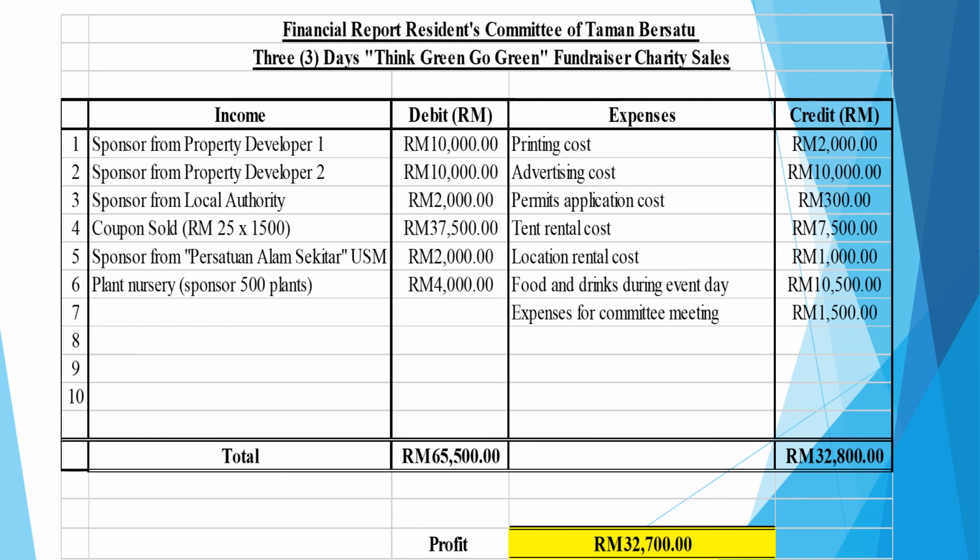And of course, we have expenses: printing cost 2,000, advertising cost 10,000, permit application cost 300 ringgit, tent rental cost 7,500 ringgit, location rental cost for the padang 1,000 ringgit, and food and drinks during event day 10,500 ringgit, and expenses for committee meetings for the last 1 year, 1,500 ringgit, which totals 32,800.